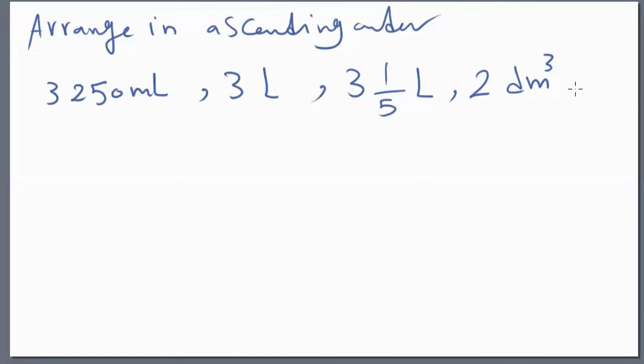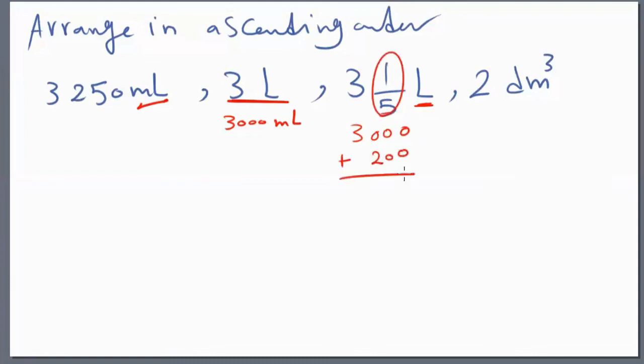Here I need to convert all of them to milliliter. Here I have milliliter. Here I need to change this to milliliter, so 3 liter will be 3,000 milliliter. And here I have liter, so it will be 3,000, and fifths from our table is 200. So the answer is 3,200 milliliter.